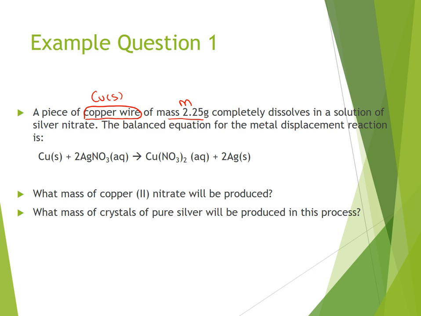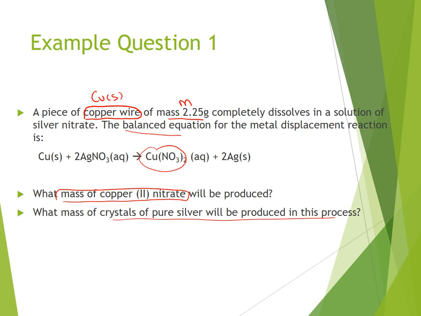And then we're given the balanced equation for the metal displacement reaction. So we can see that copper solid with 2 silver nitrate goes to copper nitrate and silver solid. And then the question is asking us what mass of copper(II) nitrate will be produced. So we're talking about this species here, and what mass of crystals of pure silver will be produced in the process.